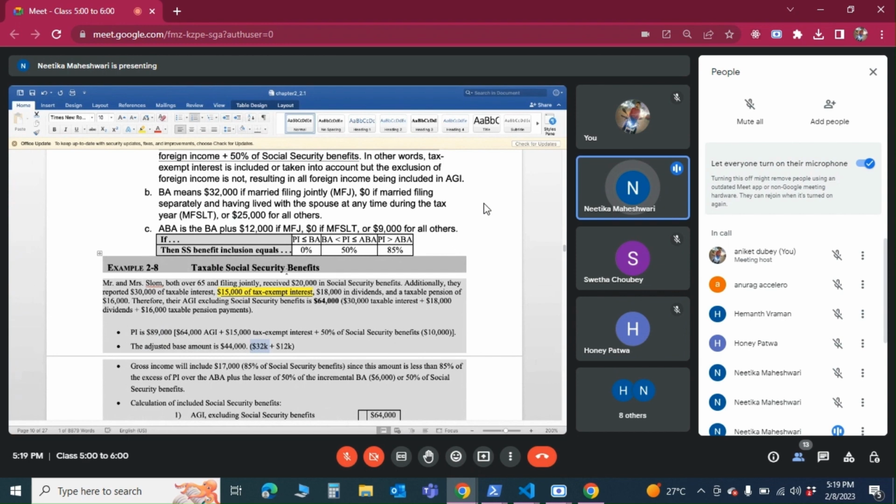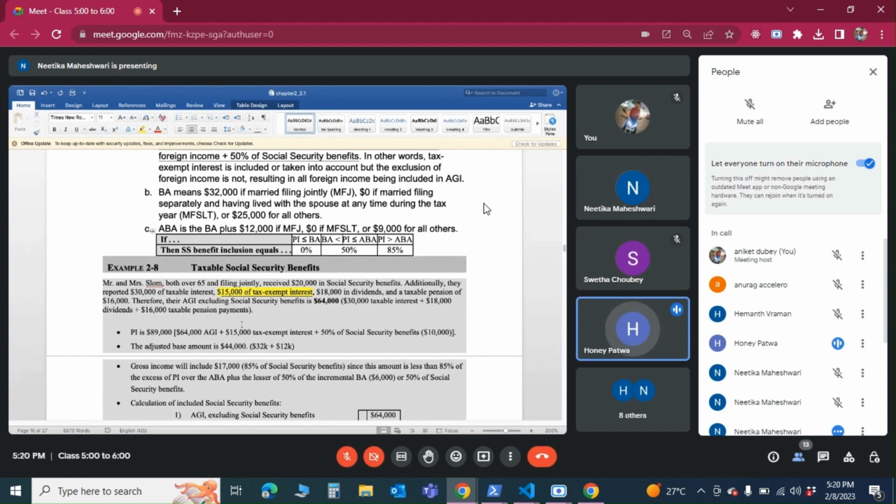Correct. So the next thing here, Muskan, I want you to tell me, are we meeting this condition? PI is greater than base amount, but is it less than or equal to ABA? Yes, ma'am.